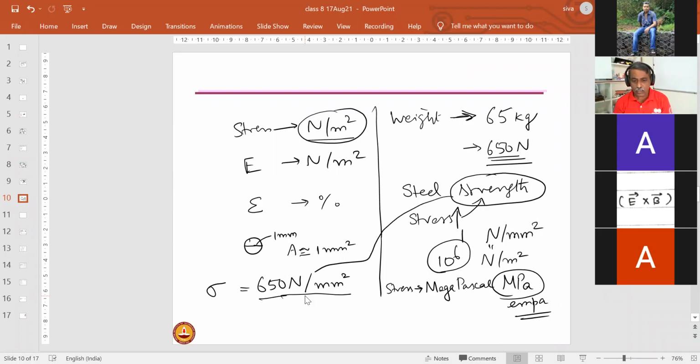Can somebody guess what would be the strength of steel wire? This is actually a high strength steel wire. A steel wire normally, what would be in terms of megapascals? 5 megapascals. Okay, one bidding over Siddharth. 10 Vaishnavi.